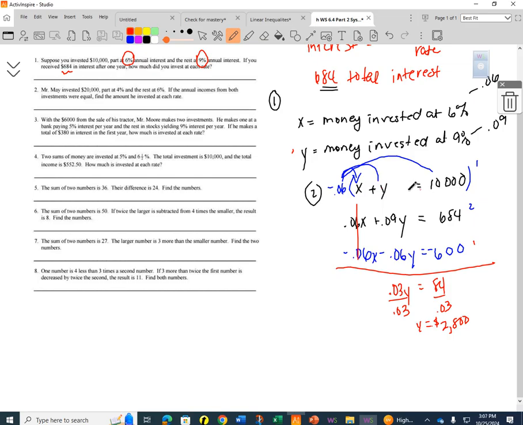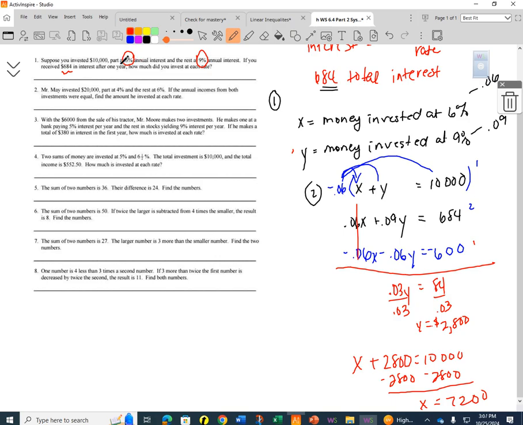And I'm going to use this first original equation, number 1. So I don't know what x is, but I know what y is. X plus y is 2,800. We know together that money equals 10,000. So I'm going to subtract 2,800. And now I know that x is $7,200. So that's my work.